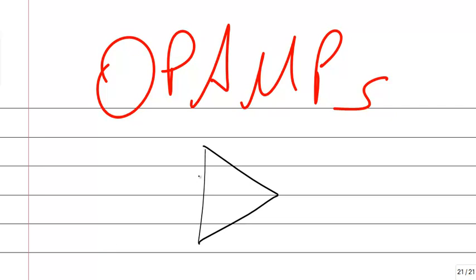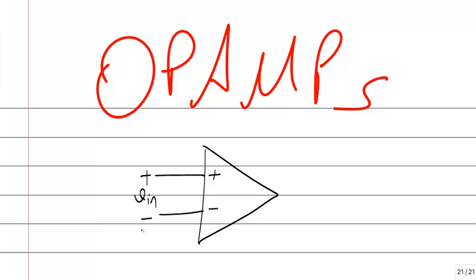Inputs, there are two inputs which are not connected to ground. Okay, these inputs don't use the ground as reference. The difference of these two input cables is accepted as the input. Okay, the difference is important.